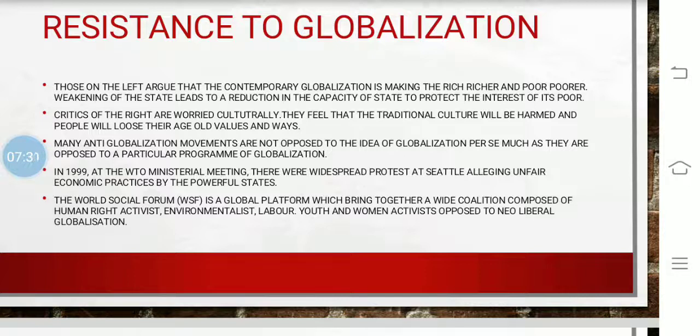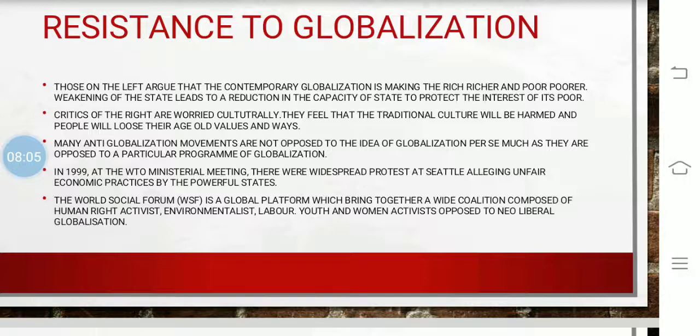They are against class division. And the people on the right just want the traditional notions, the culture, to remain. They're just worried about the culture. And the people on the left accept change, but it should not hamper the society. It should not hamper the equality. They just focus on equality.